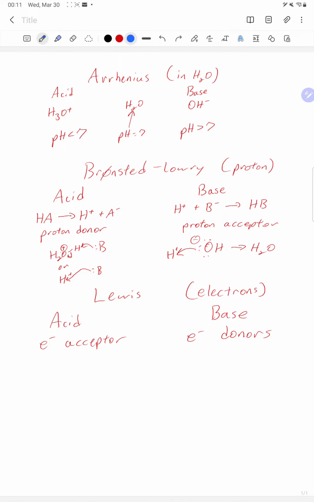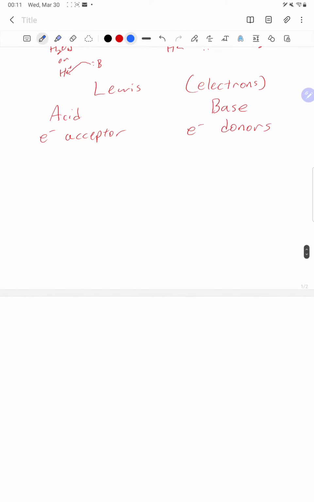Okay, cool. So let's look at an equilibrium equation. To keep things simple, I'm going to say a generic acid is in the presence of water and dissociating into H3O+ and A-. If you were to write out the equilibrium equation for this, K, the equilibrium constant for an acid, because we have an acid dissociating, so we'll say Ka, is equal to the product side divided by the reactant side.